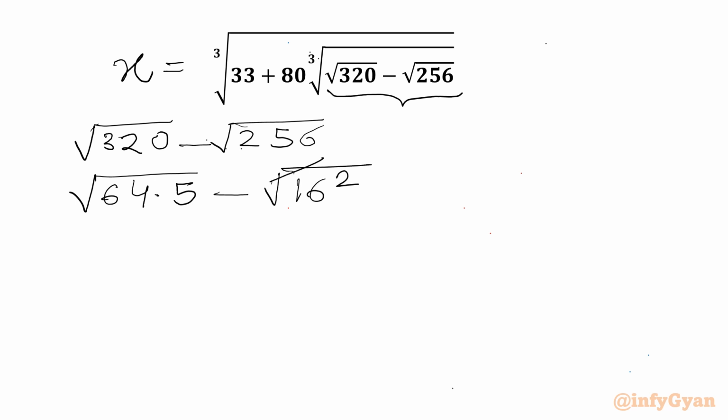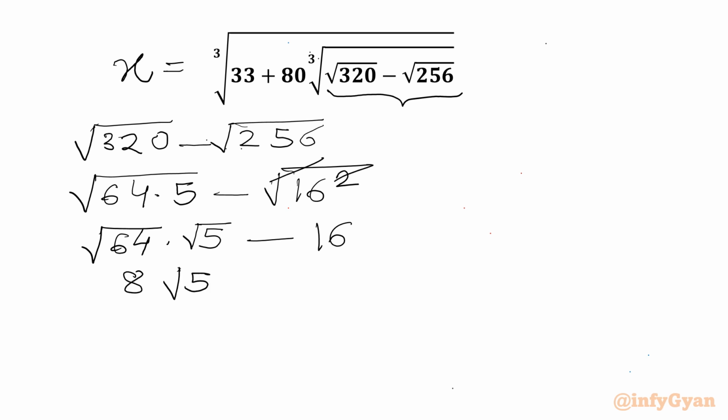Now we can cancel square root with square, we will get 16 only. Here I can write root 64 times root 5 minus 16. Now root 64 is 8. So I can write 8 root 5 minus 16. And once I take 8 common out, then in bracket root 5 minus 2.